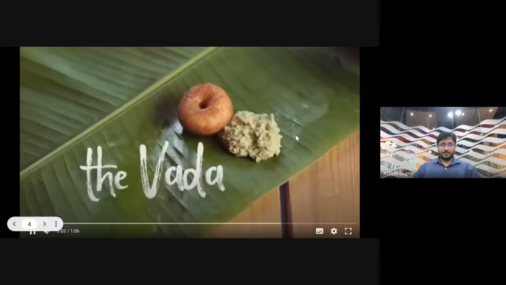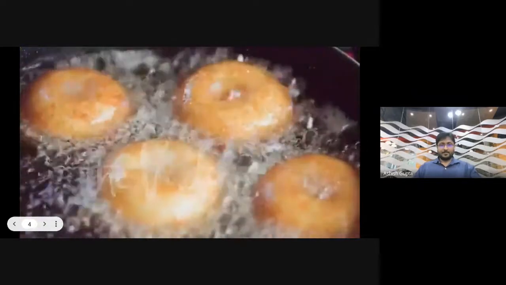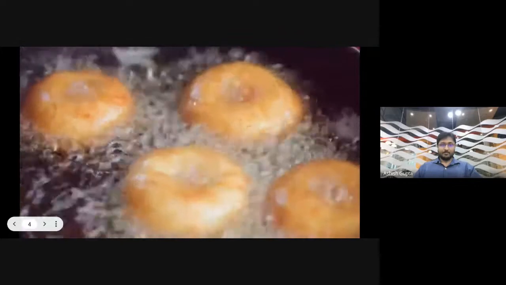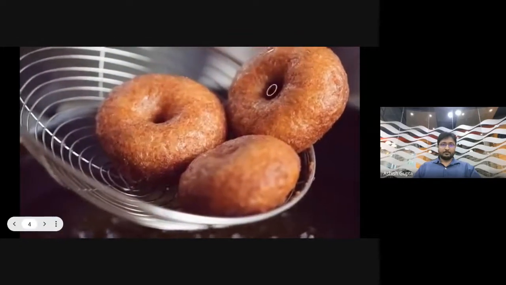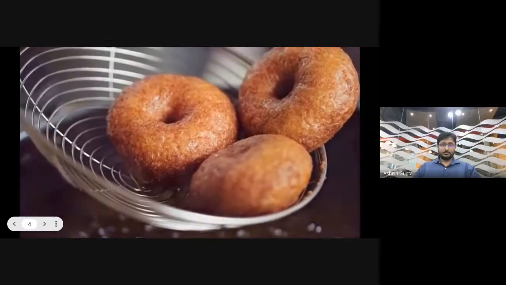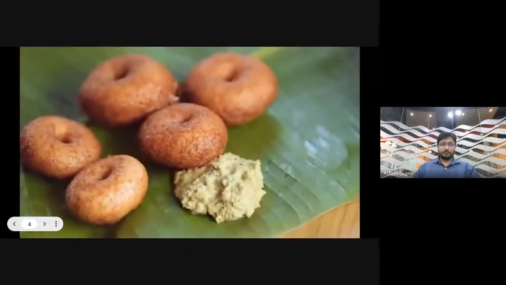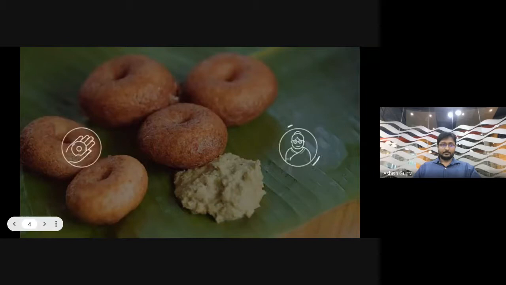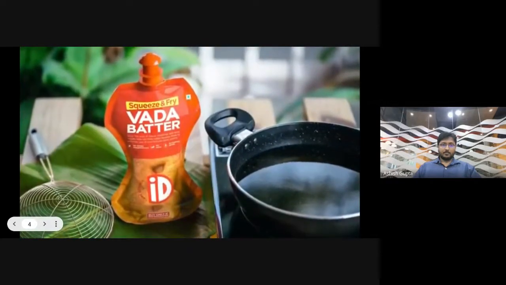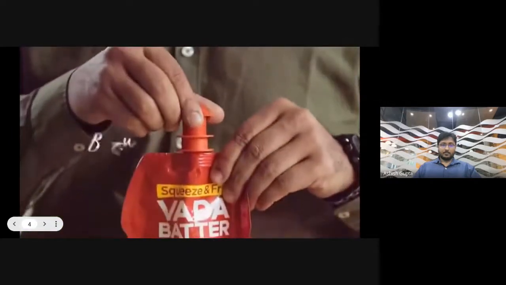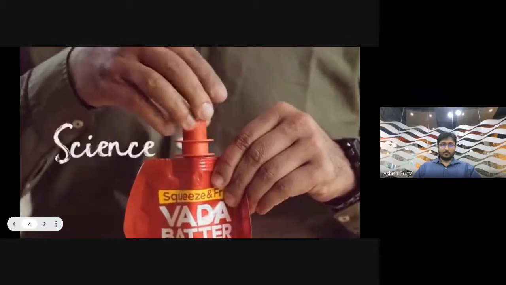This is no ordinary snack, a South Indian specialty. It's a favorite in homes across India, but its circular cylindrical shape and donut-like hole make it fairly difficult to prepare at homes. It needs the expert hands of grandmas and aunts or even restaurant cooks. Not anymore. ID decided to turn its attention on this age-old problem and transform the complex art of vada making into a science for everyone. And the key ingredient?